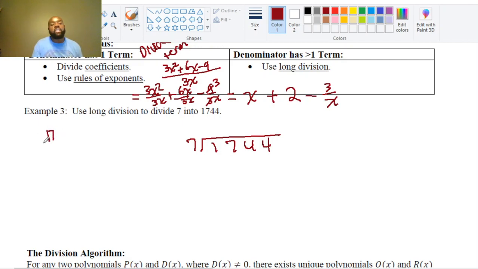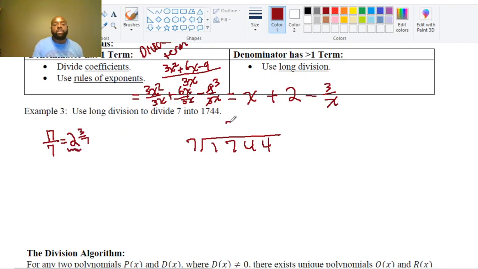I'm going to do 17 over 7. If I were to think about how many times at most that goes into it, it would be 2 at most, and I'll have a remainder of 3, because 2 times 7 is 14, right? What we're interested in when we do this long division with just numbers is just that 2 there.